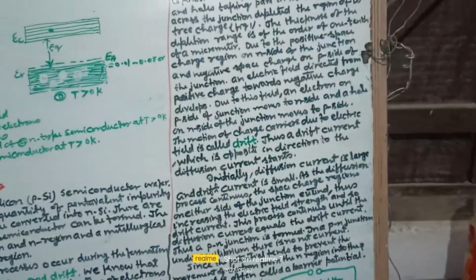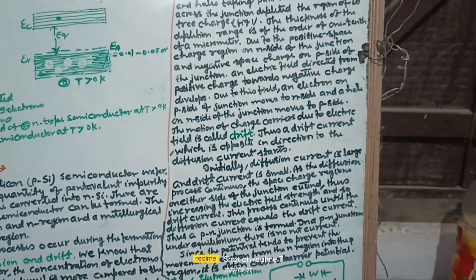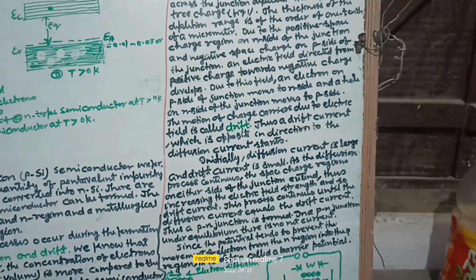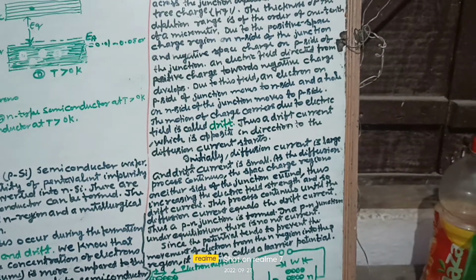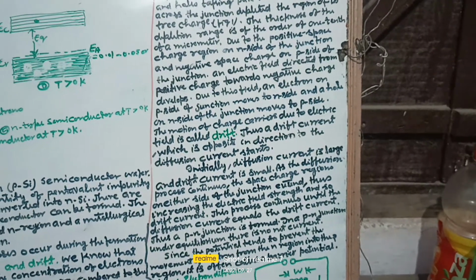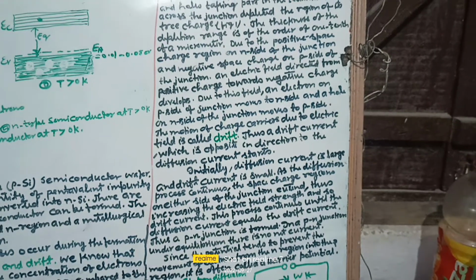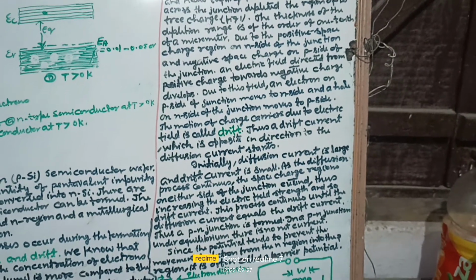Initially, diffusion current is large and drift current is small. As the diffusion process continues, the space charge regions on either side of the junction extend, thus increasing the electric field strength and so drift current.